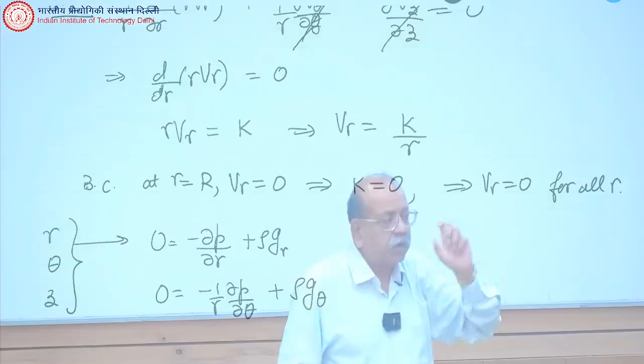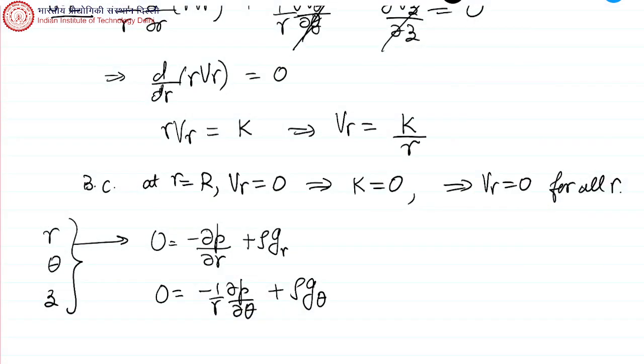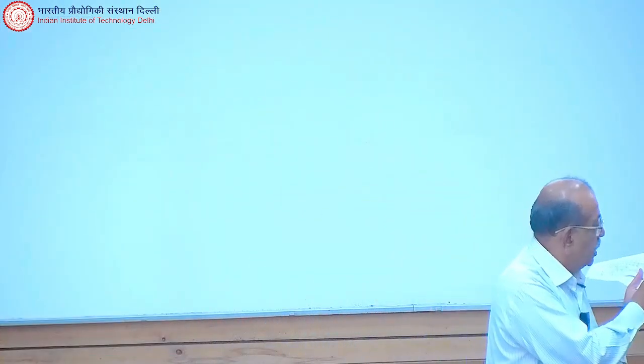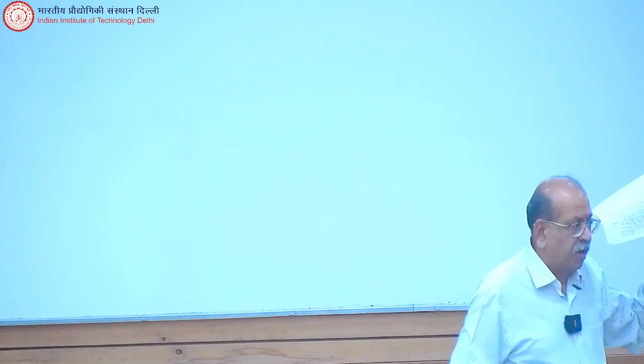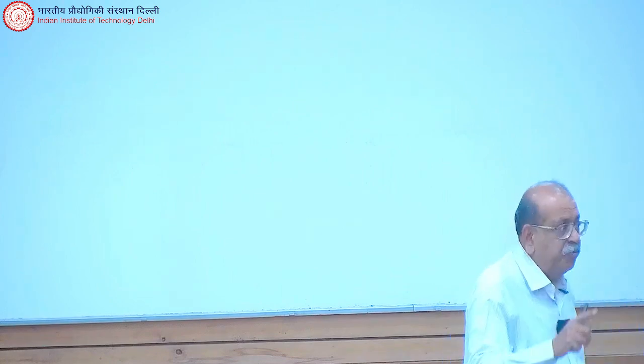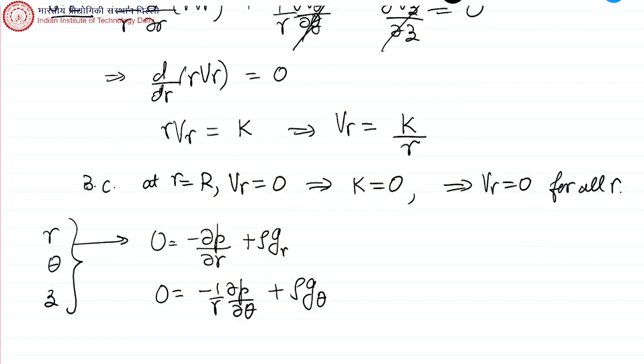In particular, in the R equation, there's a term rho multiplied by V theta square upon R. If V theta was not 0, this term would not have been 0. But all other terms, either because of fully developed flow or because of steady flow, everything else on the left hand side will become 0. And this you will work out. Please check that these terms will be 0.